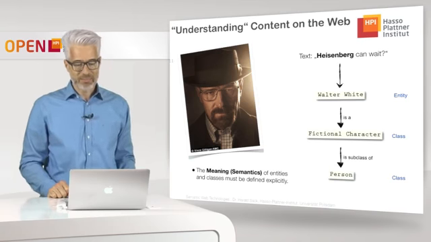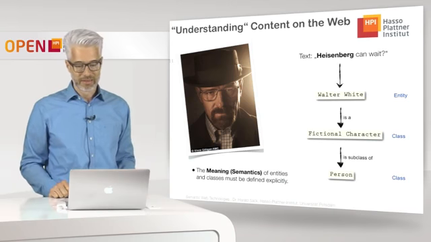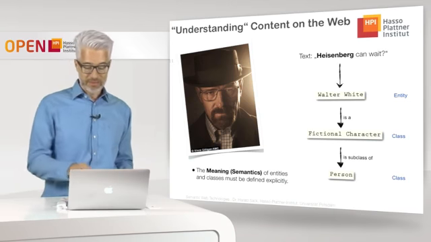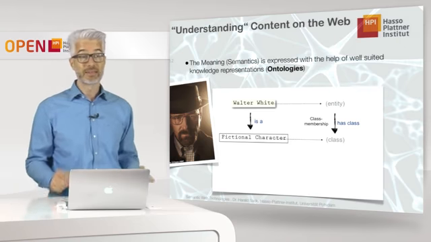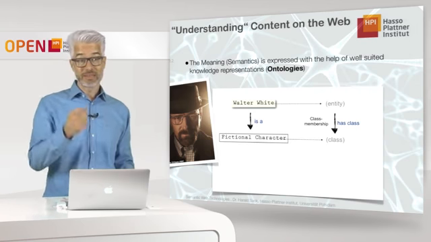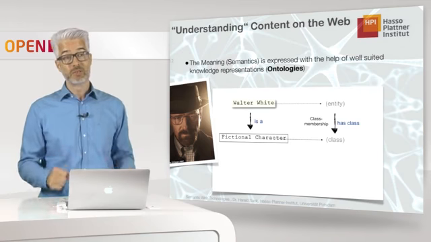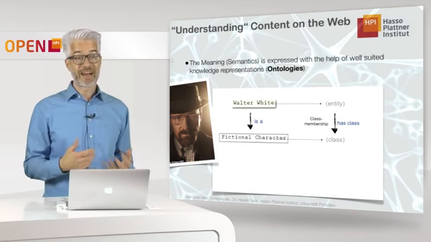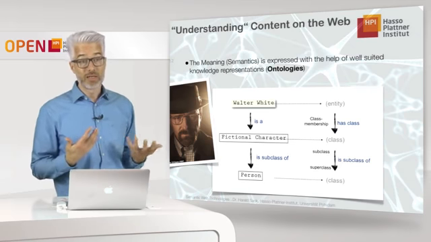So this is a subclass of another class which is called person. So what we have here, or what we can define here, is a relationship of entities and classes, and this of course is part of the meaning which is expressed. This means that this entity called Walter White is a fictional character, so the entity belongs to a specific class. We can give a class membership, and we can also give something like a subclass relation.